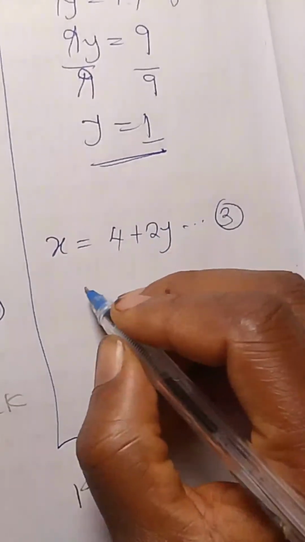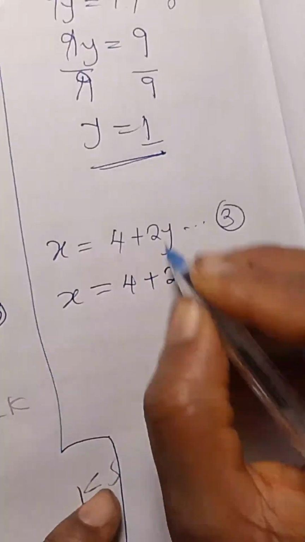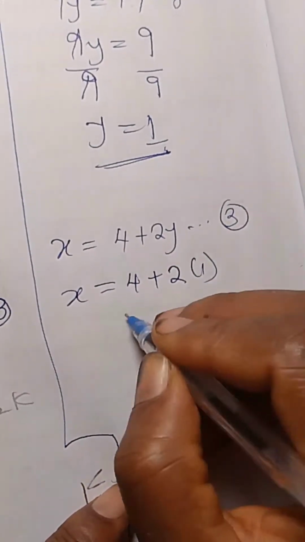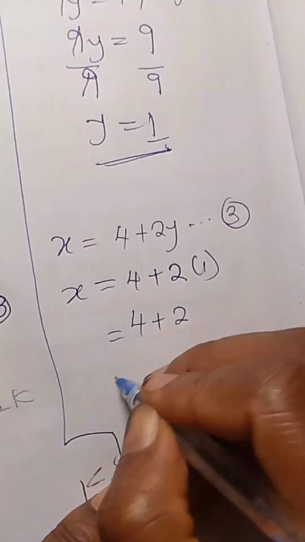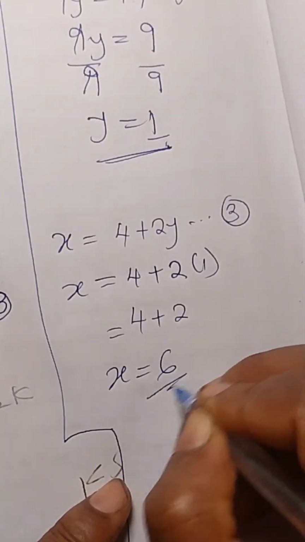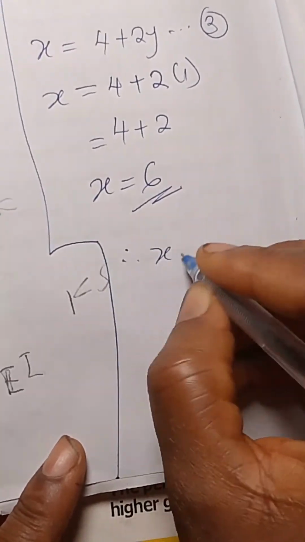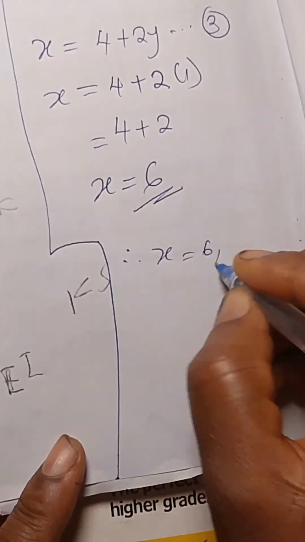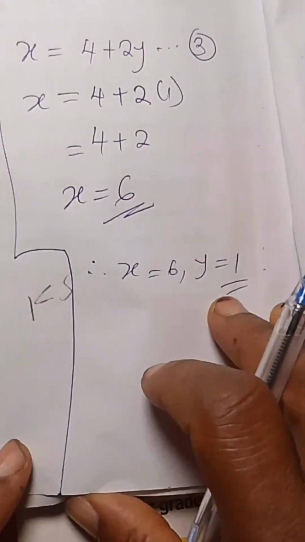So we have x is equal to 4 plus 2, and our y is 1. That is 4 plus 2 times 1, which is 2. Then our x is equal to 6. And that is the answer to the question. Therefore, we say that our x is equal to 6 and our y is equal to 1. And that is the solution to the question.